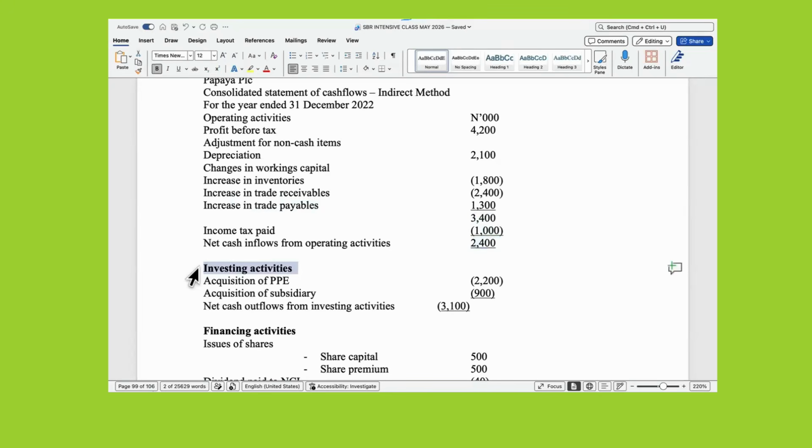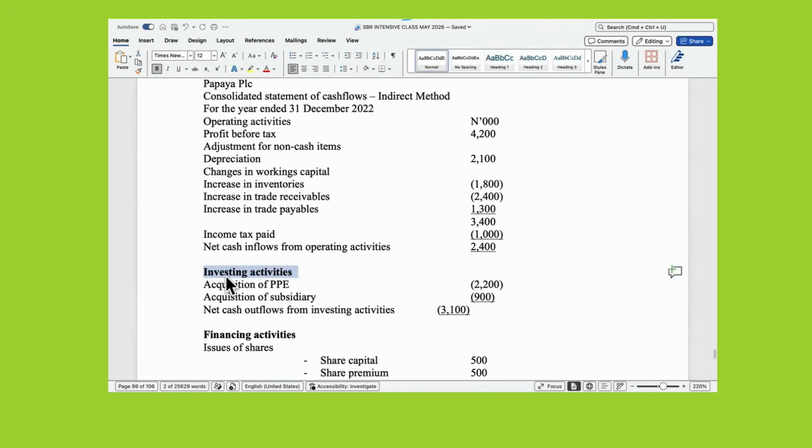For investing, there are just two things in non-current assets, that is PPE and goodwill. And I already established from the movement that I acquired PPE of 2.2. And for my workings for movement in goodwill, we paid subsidiary 1 million. We took over 100. So effectively, I paid 900.